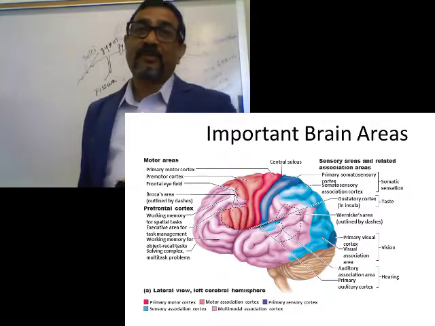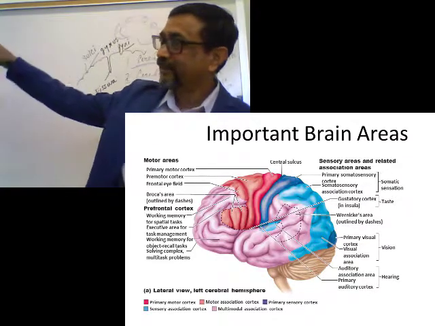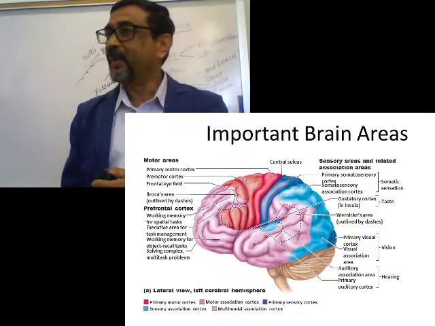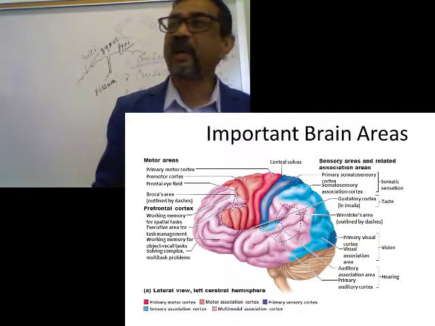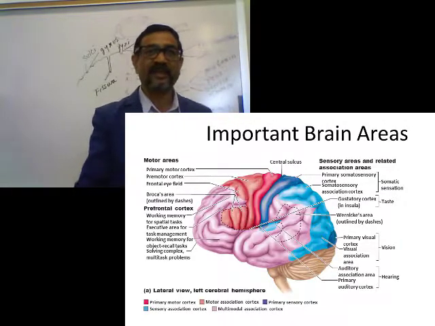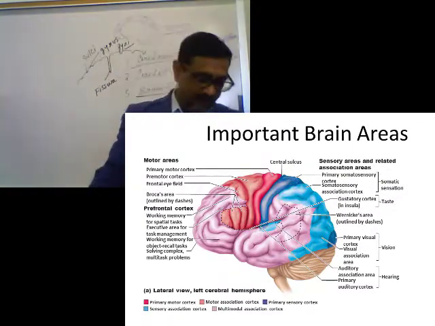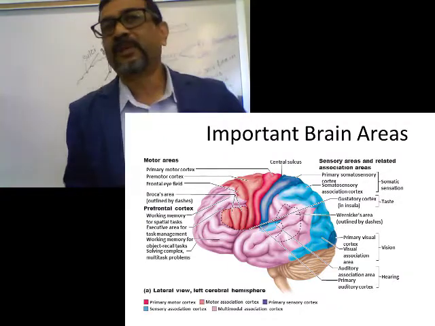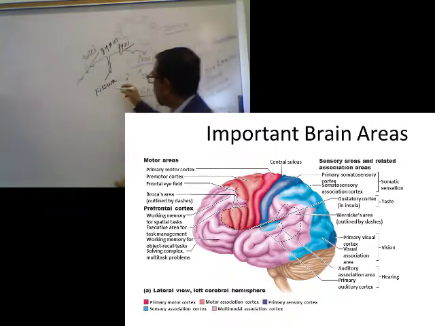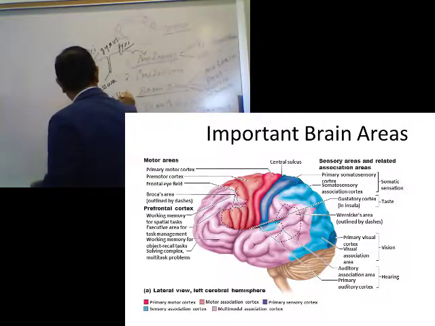In the middle of the frontal lobe, you see the area shown by dotted line. That area is also a very interesting, important area. It's called Broca's area. B-R-O-C-A.